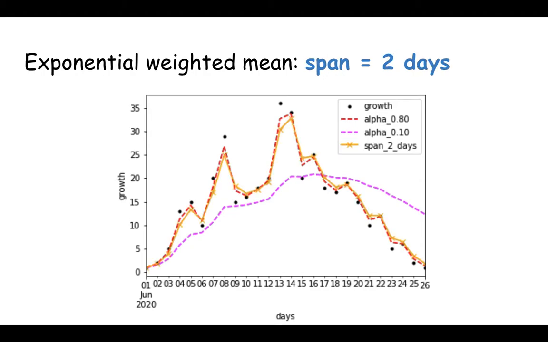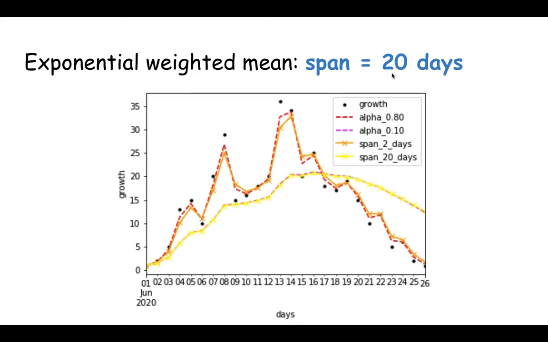Now what happens if we use the span as a way to add weights to the function? When we use span, again, for let's say 2 days, if you use a value of 2, then it's a much smaller window, and therefore the values are much closer to the actual raw data, and there is still significant noise.